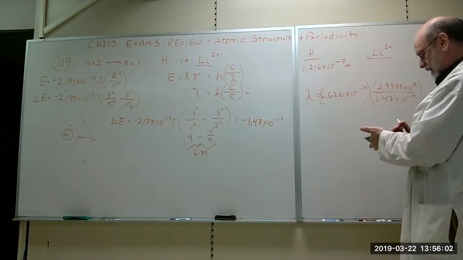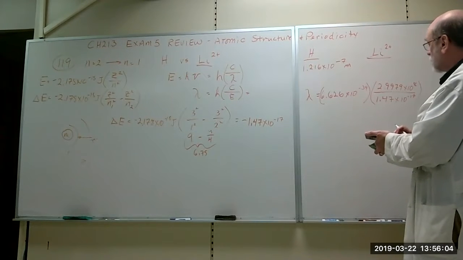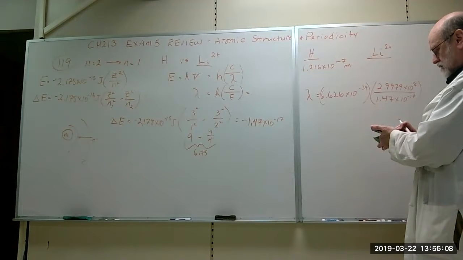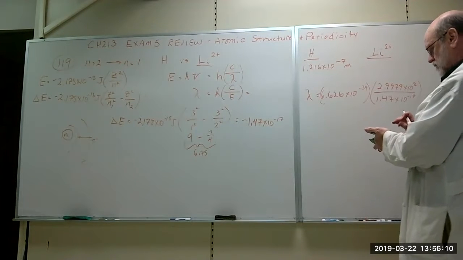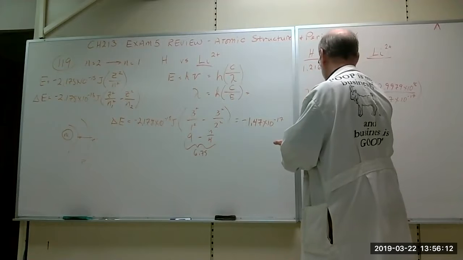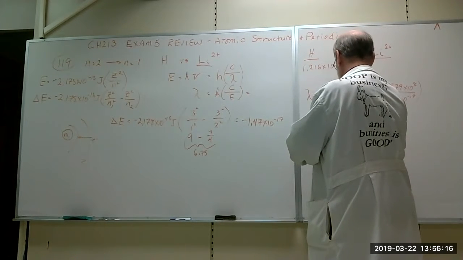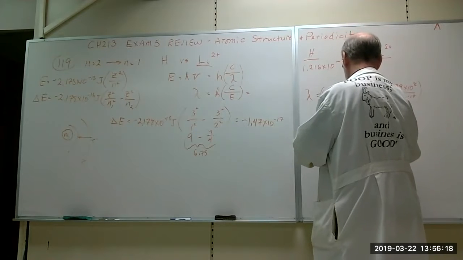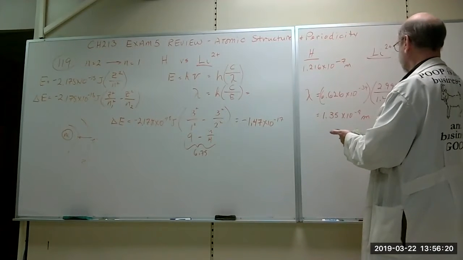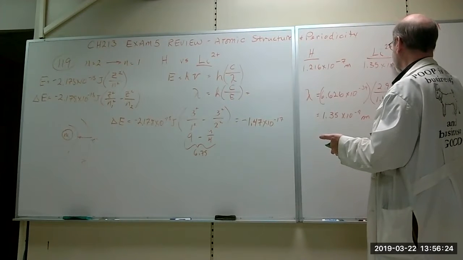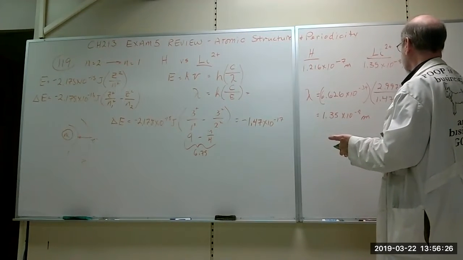And then multiply by that one. Okay, so I get 1.35 times 10 to the minus 8 meters. So this one is 1.35 times 10 to the minus 8 meters.